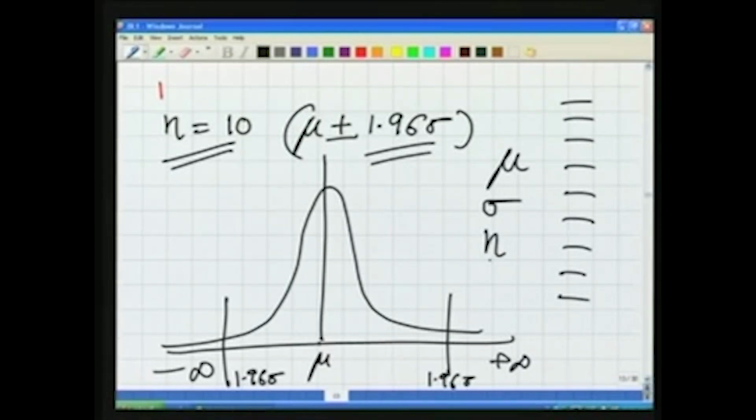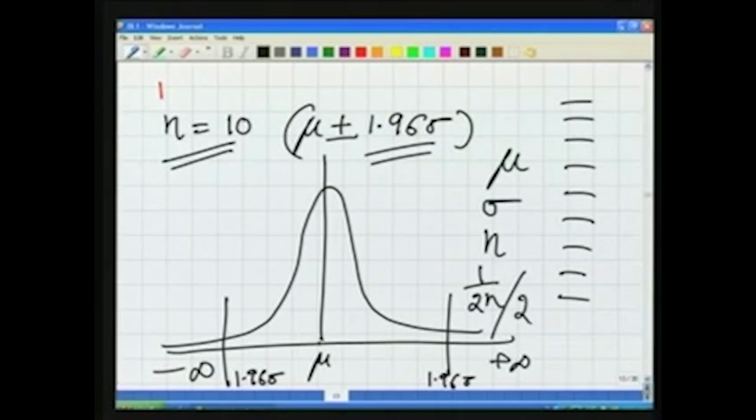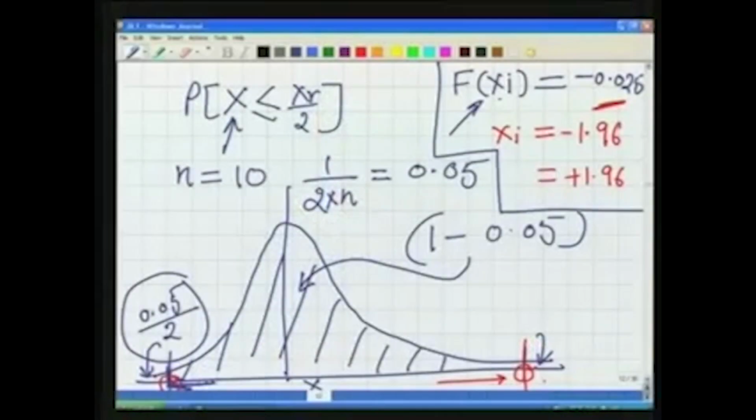Once you know the value of n, you find 1 by 2n, half of that, because it is on this side as well as on this side. So, that is the value of our f(xi), and corresponding to this value, we want to determine the value of xi from the standard normal table.